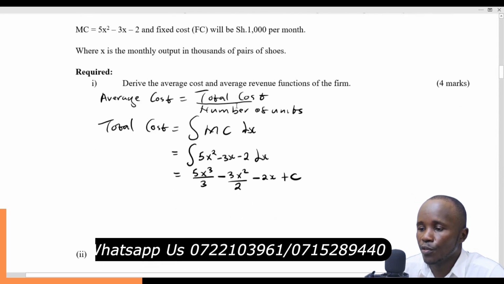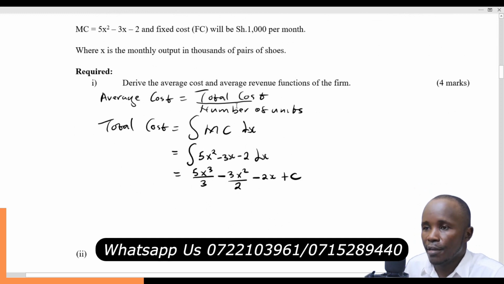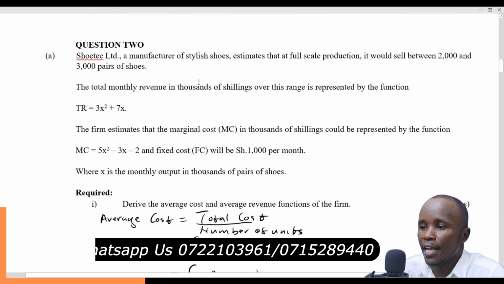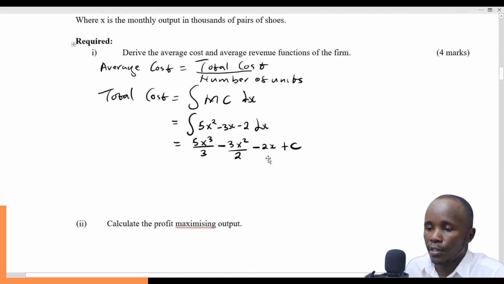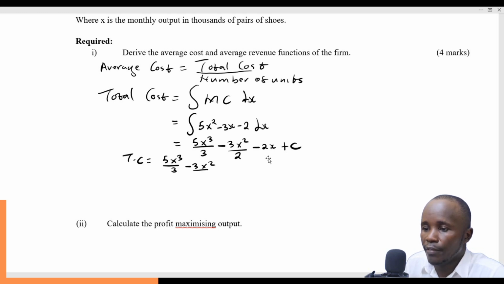We have a fixed cost of 1,000. Since the figures are in thousands of shillings, this 1,000 will become 1. It therefore means that the total cost is 5x cubed divided by 3 minus 3x squared divided by 2 minus 2x plus 1.